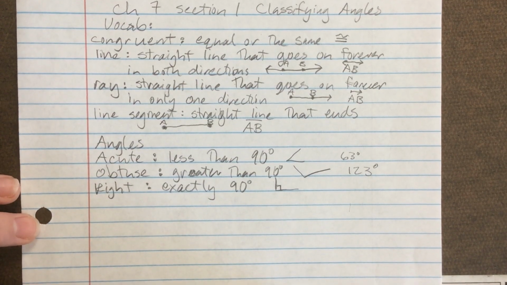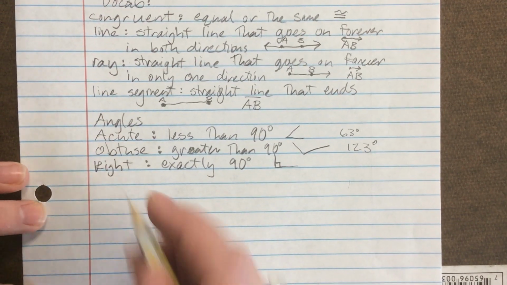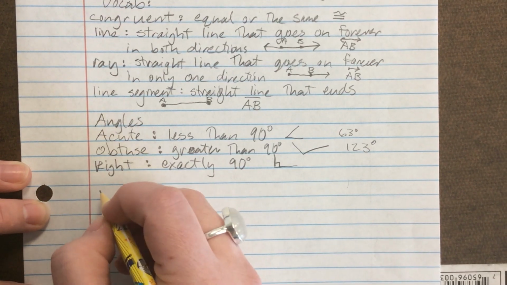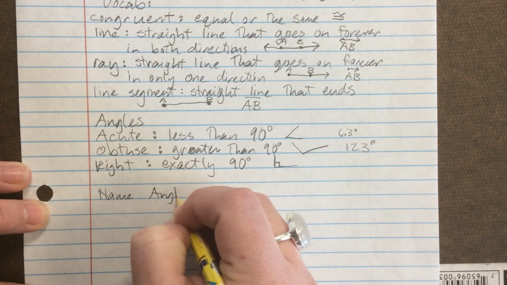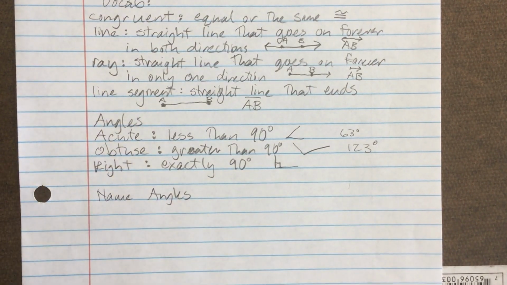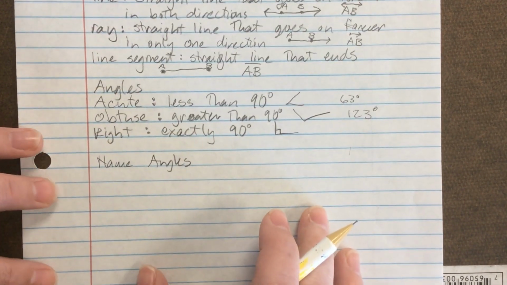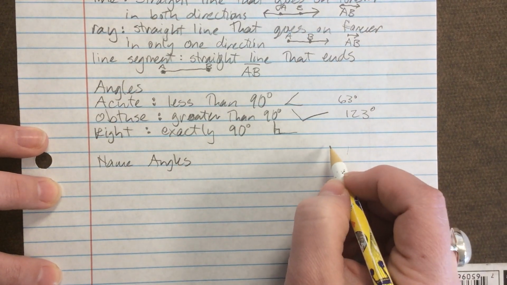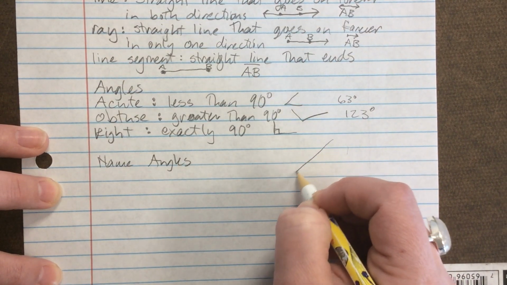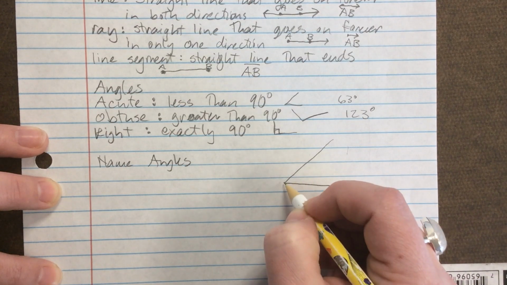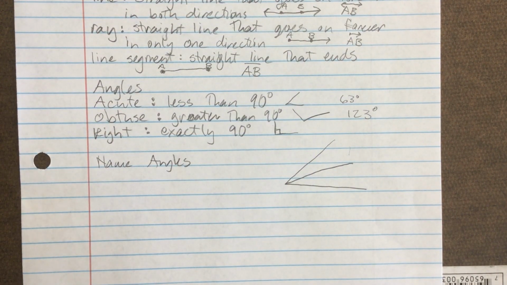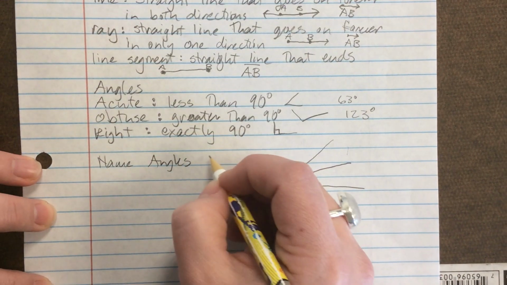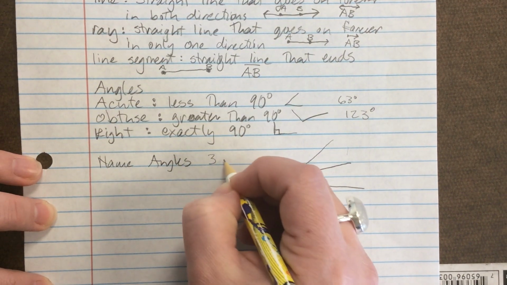Okay, and then the last section I want to cover in this video is how to name angles. Okay, because sometimes we'll have a whole big group of them, or frequently we'll have something that looks like this or something like that with a line coming out of it. And there's 3 different ways to actually name angles.